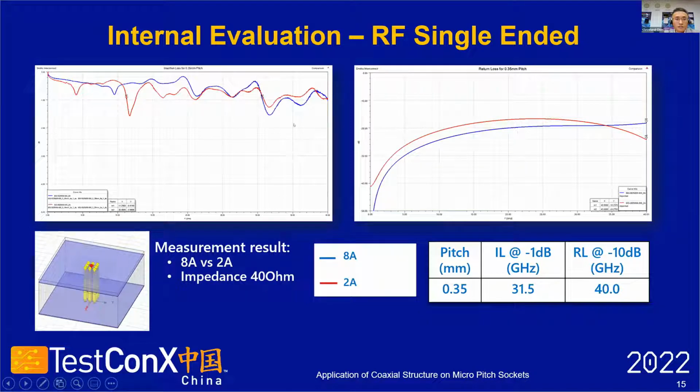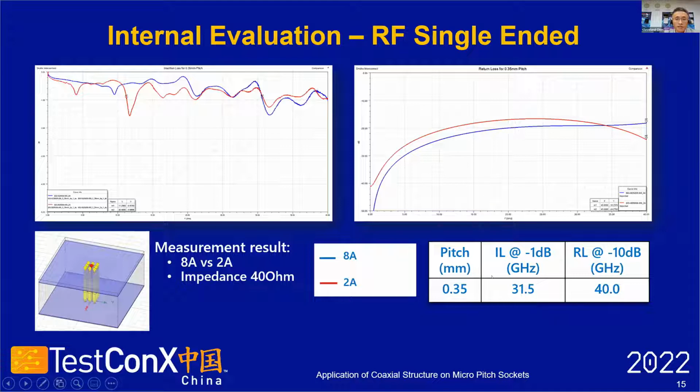You can see the insertion loss is about 31.5 gigahertz at minus 1 dB, and the return loss about 40 gigahertz at minus 10 dB.